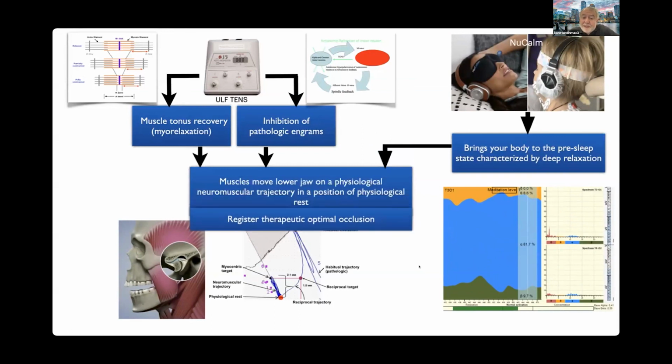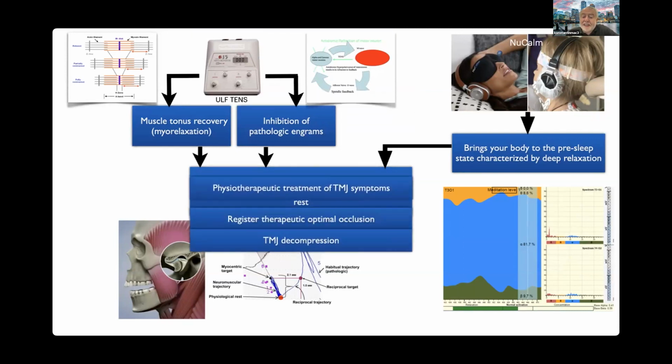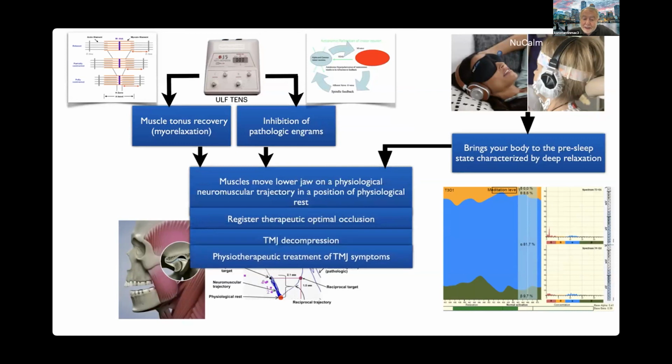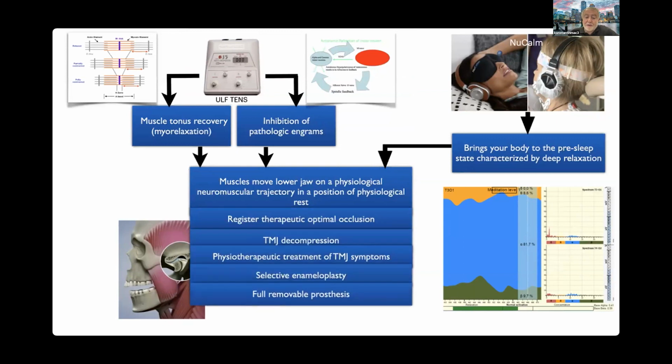And we can use this physiological position to register therapeutic optimal occlusion, to decompress the joint, to do physical therapy to the TMJ when we have TMD issues. We can do selective enameloplasty. We can do full removable prosthesis.